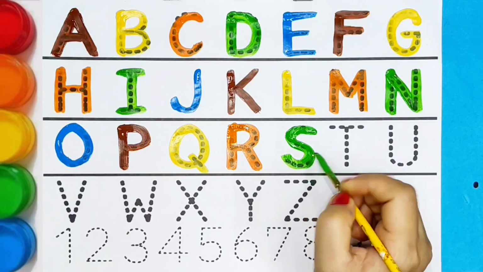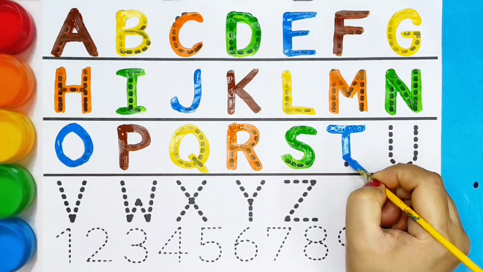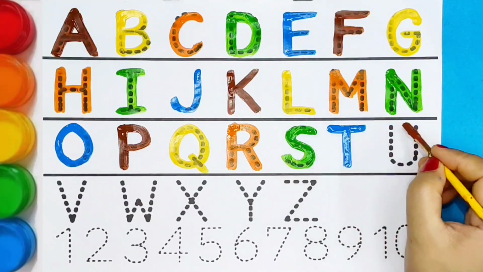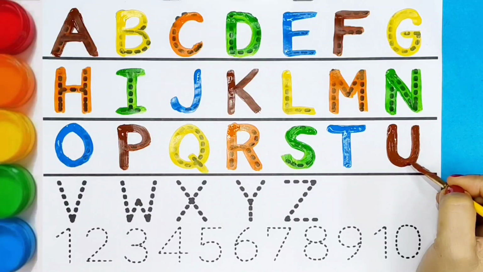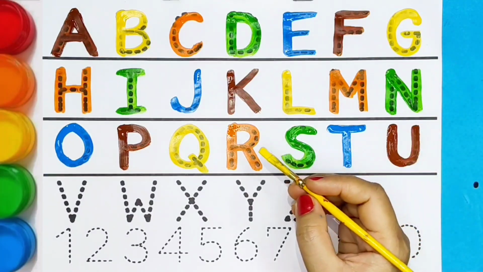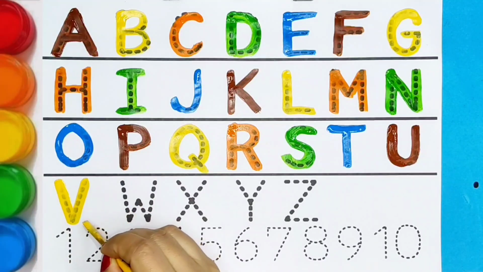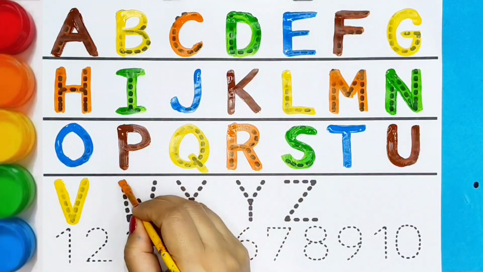S for sun, sky blue color. T for tiger, brown color. U for umbrella, yellow color. V for van, orange color.